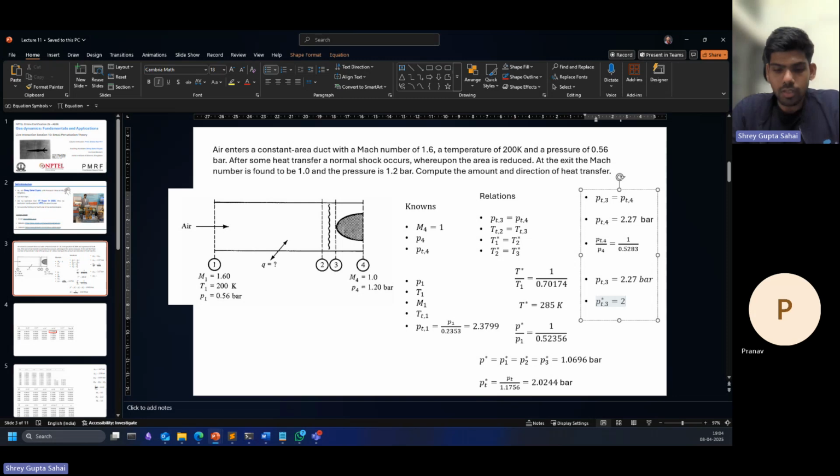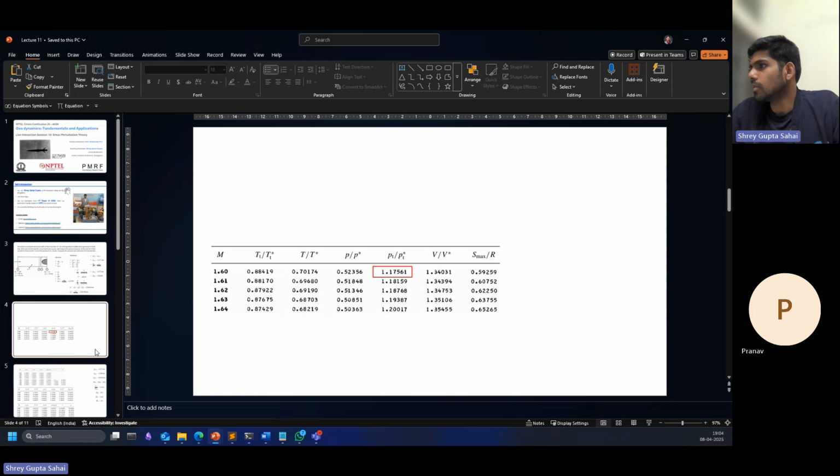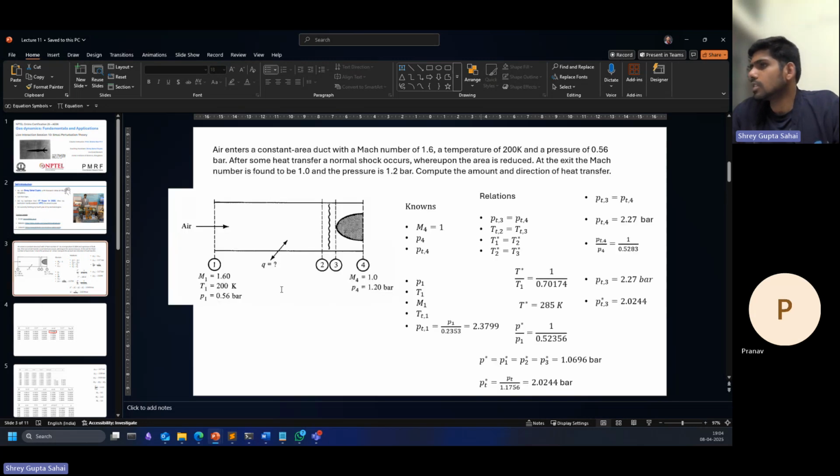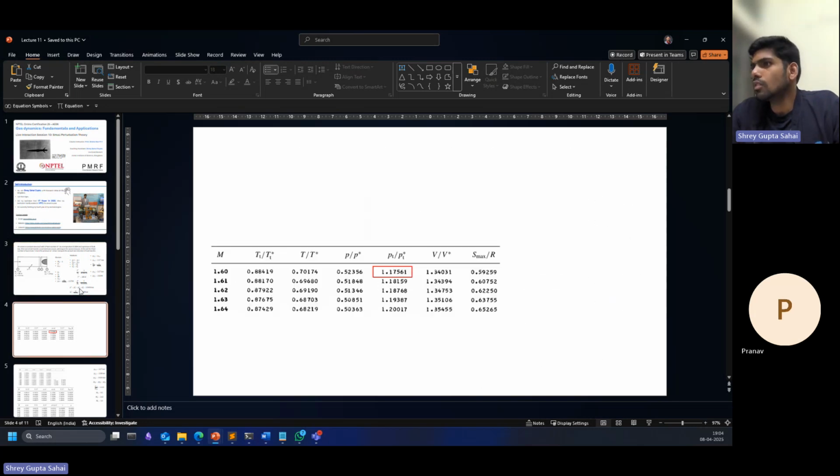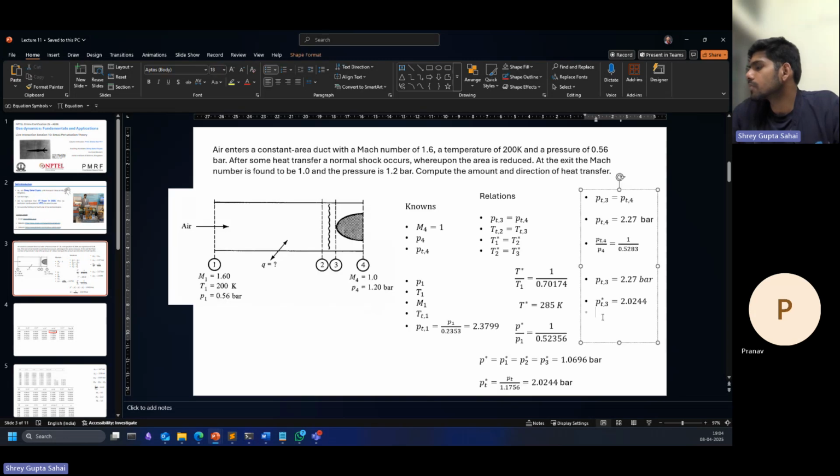How much? 2.0244. So now we can calculate this ratio, right? And then we will identify a subsonic entry corresponding to this ratio. That is how we solve this problem. So we need to find the ratio of P total by P total star.